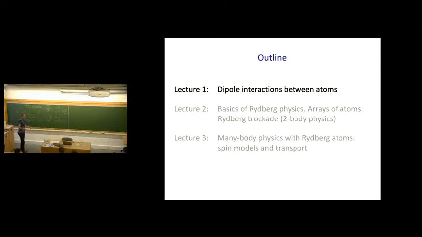At the moment, I do not specify whether n and n prime can be different. I mean, they can be equal. And you write it as an integral, so psi NLM of R, Q R, psi n prime L prime.